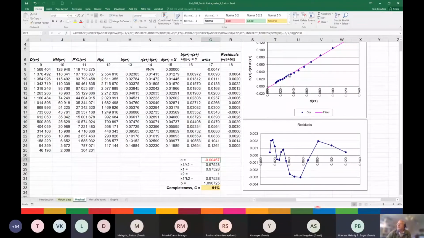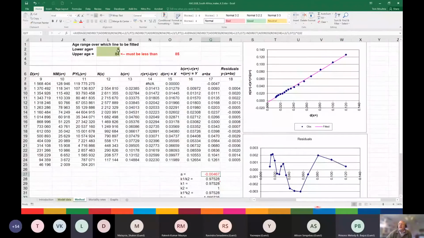So very small residuals means it's a relatively good fit. But that requires, again, a level of expertise to ensure that you choose as many age groups as possible to fit this model to, and you might want to ask for expert advice in applying it to your own country. But crucially, what you want here is this estimate of relative completeness of the one census to the other.